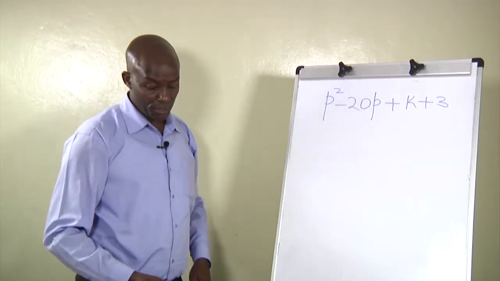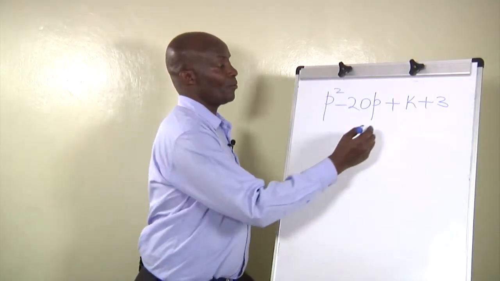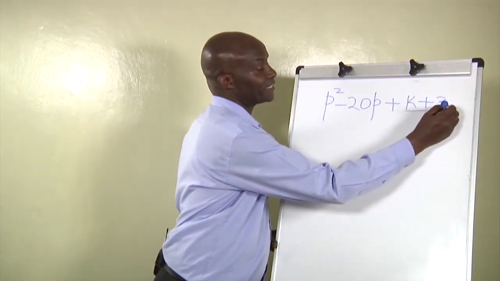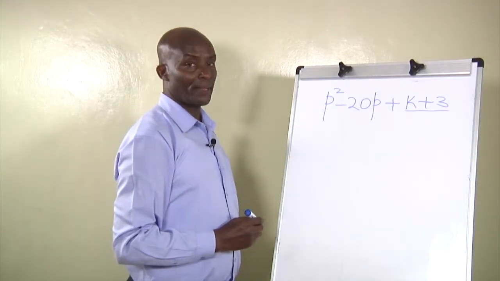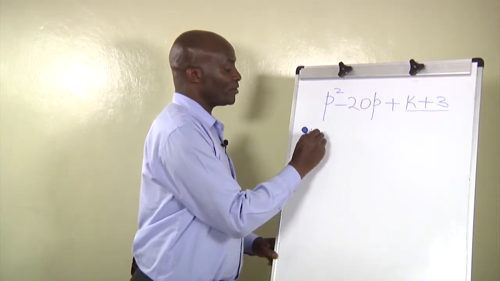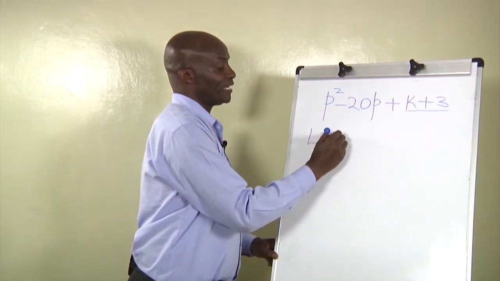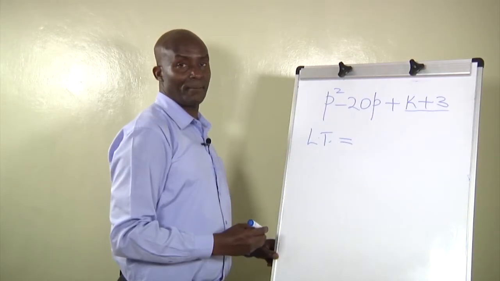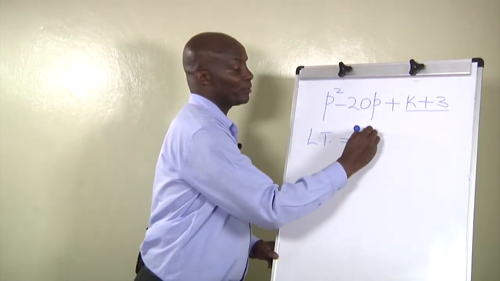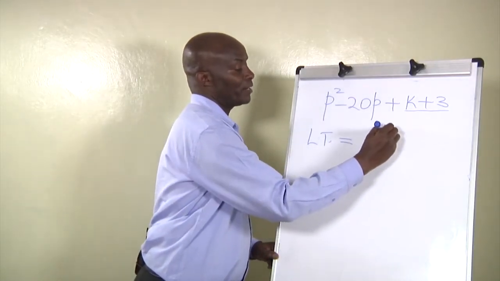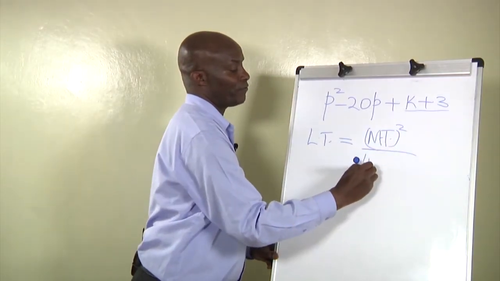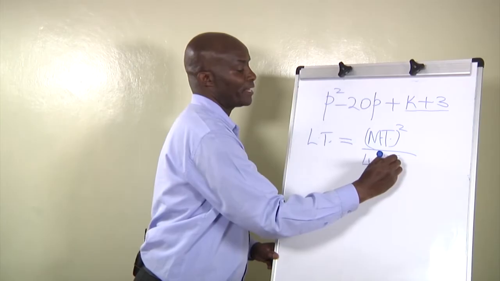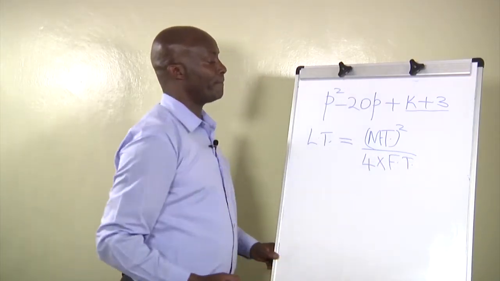Now, in order to determine k, we have to see that the entire of that part is the last term. And using the formula that we learned last time, the last term is equal to the middle term squared divided by 4 and multiplied by the first term.